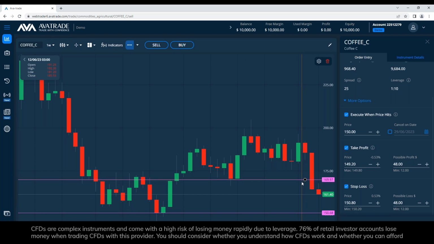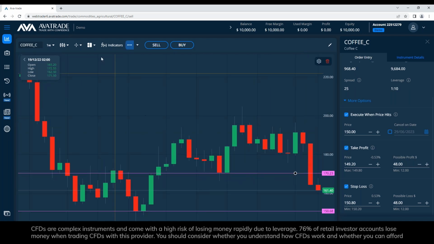My take profit will be around where it's at right now, let's say $20 up. And my stop loss will be around here, for the sake of the discussion. Now we're going to explain.